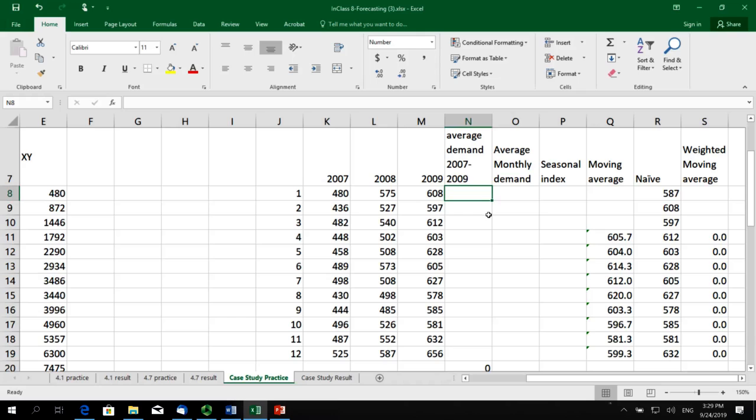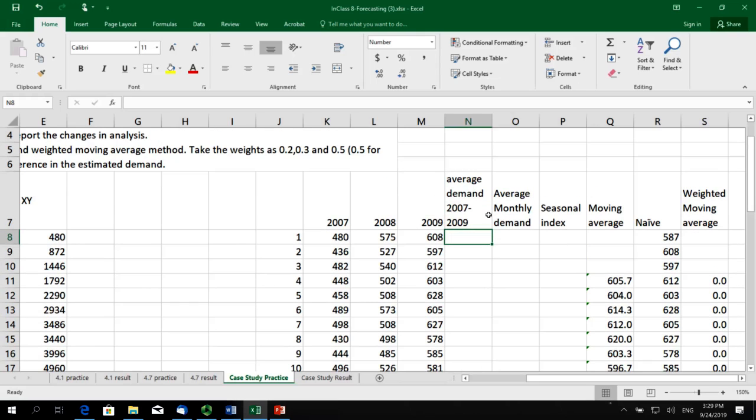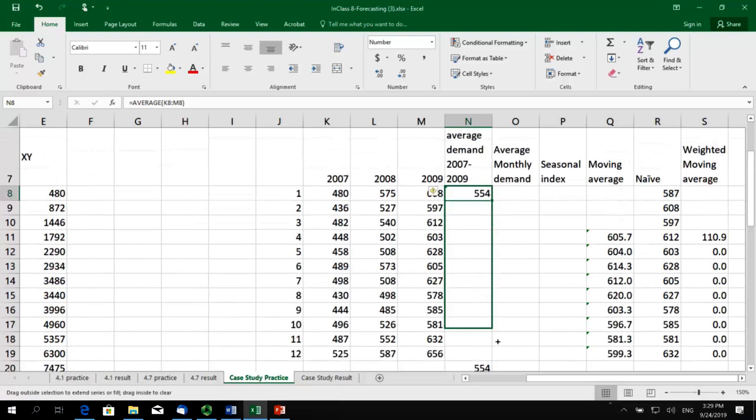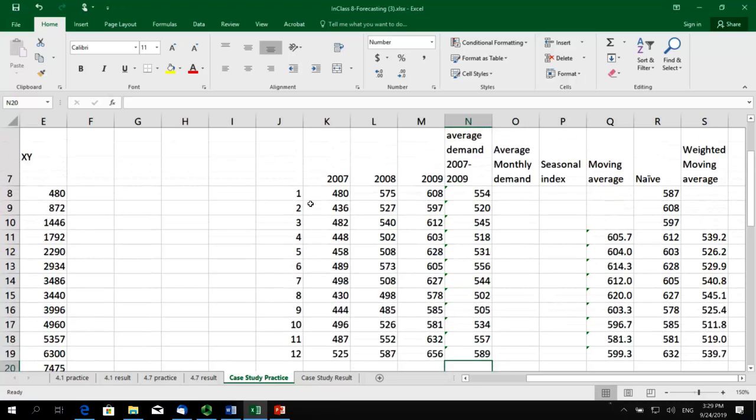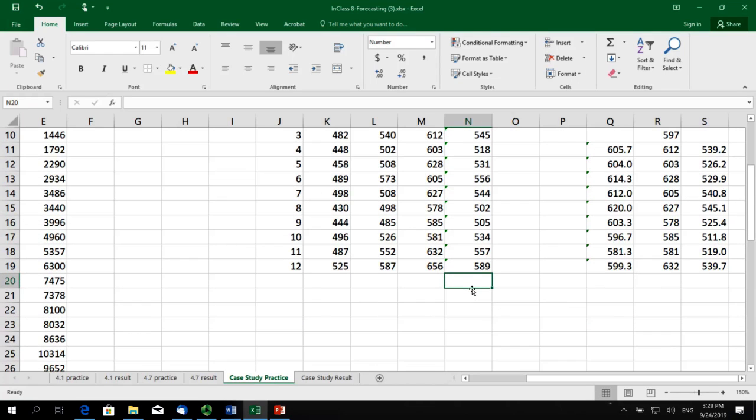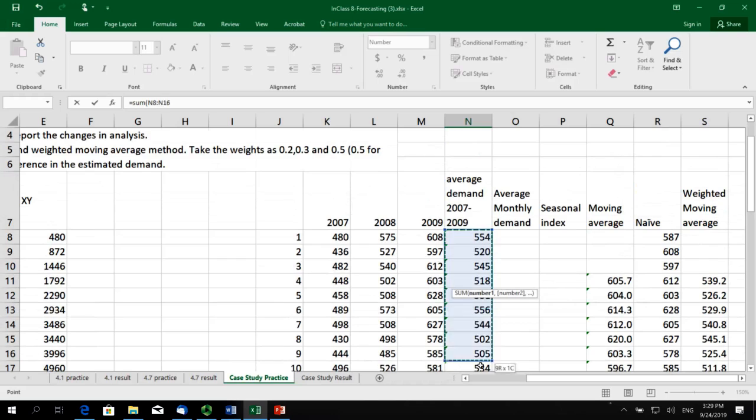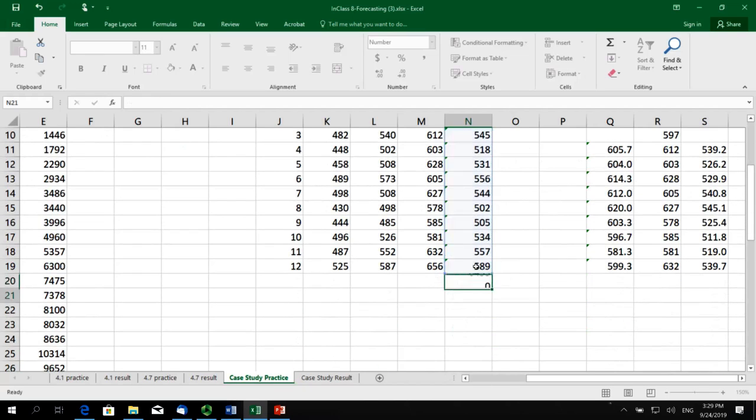All right. And for seasonal variation, the first step is to calculate the average of each month in the past 3 years. So for the past years, each month, we calculated their average. Now, what is the total of the average?